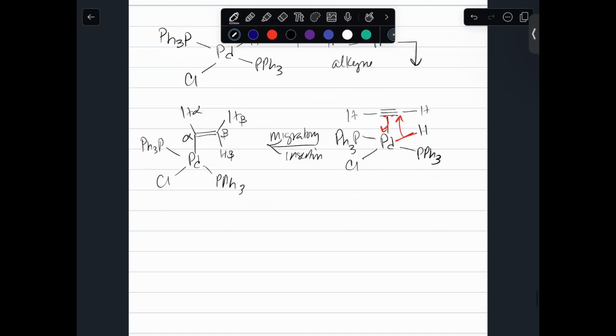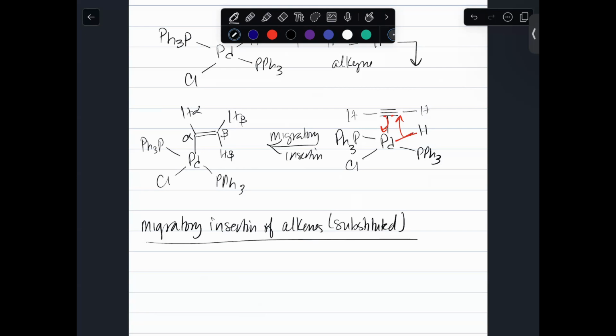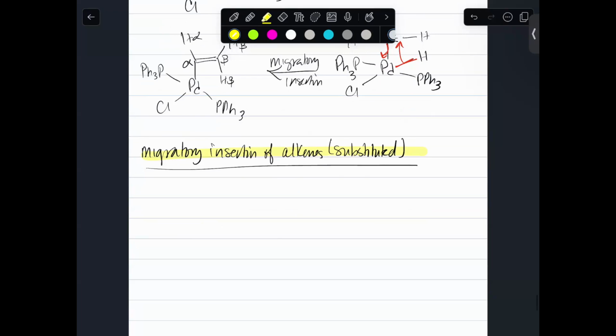Now let's go back to migratory insertion of alkenes. Specifically substituted alkenes. And we'll continue to use the same example that we've used before.